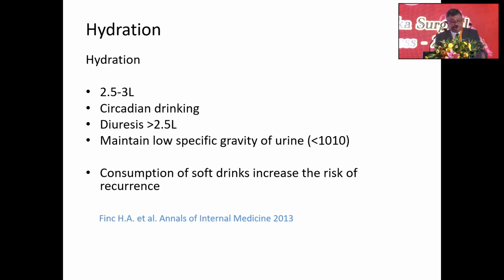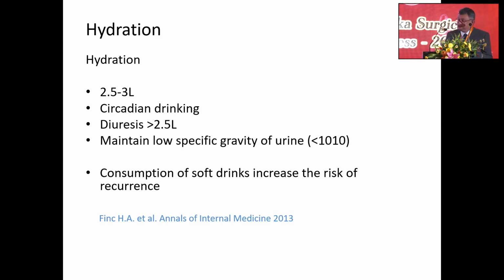So it is important that patients who form stones are advised to drink good amounts of water. In an average built adult, 2 to 3 liters of water is recommended, and this is water, not special substances, no special forms of water, just clean, pure water. More important is that this consumption of water is circadian, so it has to be drunk throughout the day in adequate quantities.